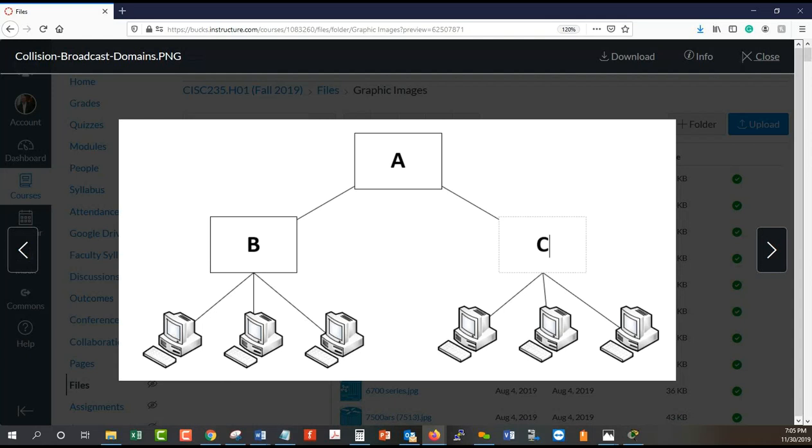So let's work on another example here. Let's say that A and B are hubs and C is a switch. How many collision domains first, and then how many broadcast domains?